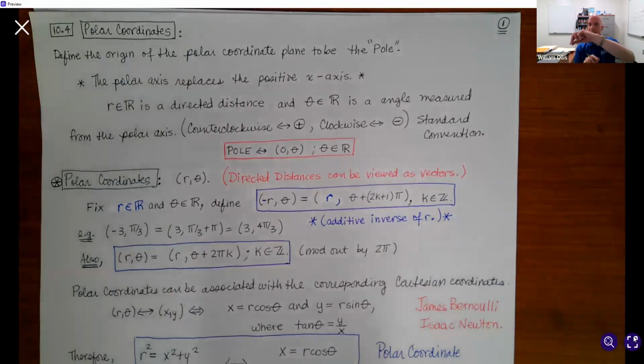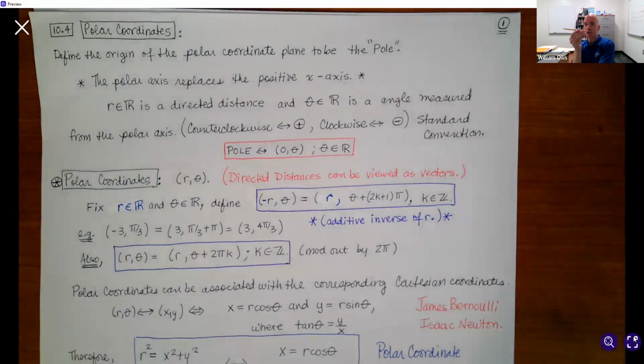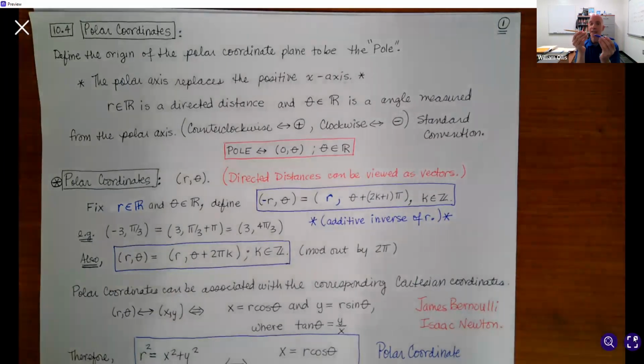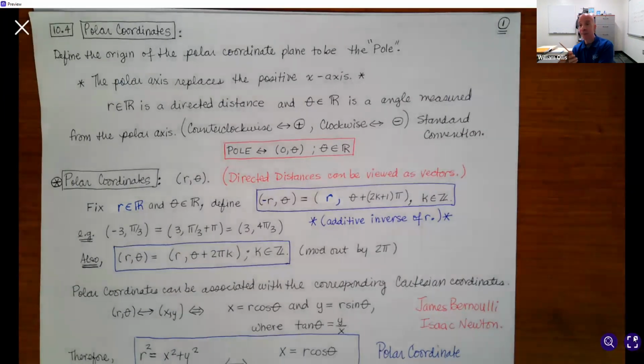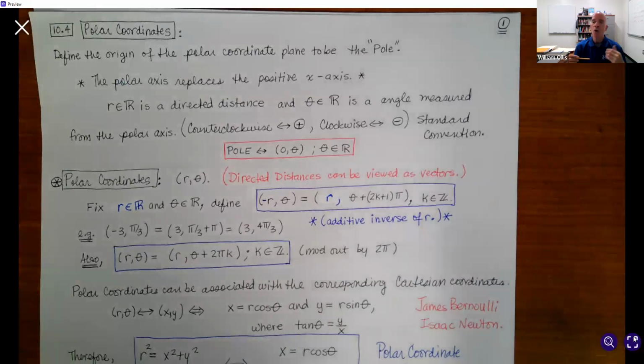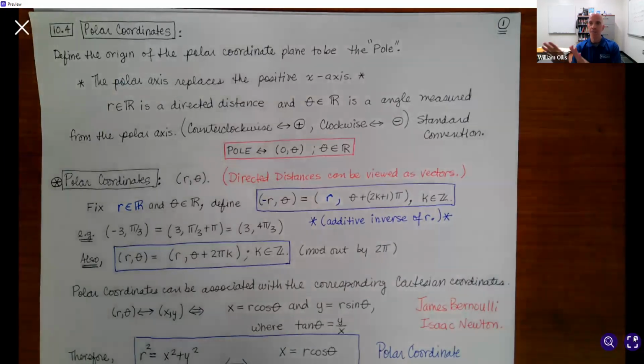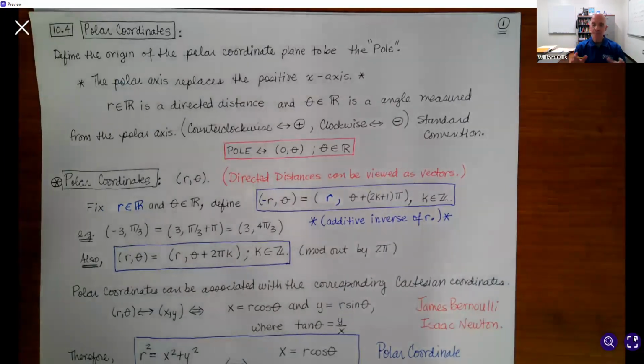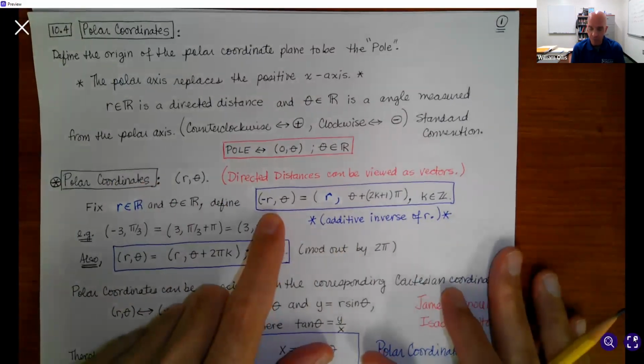That is, you basically have a rotation of pi radians. And so you think of a vector here going in this direction and its additive inverse, the blue one here, going in the opposite direction and being of the same magnitude. So we can think of that correlation between a vector and its negative, just like we think of the directed distance in polar coordinates, and this is how we'll do it.